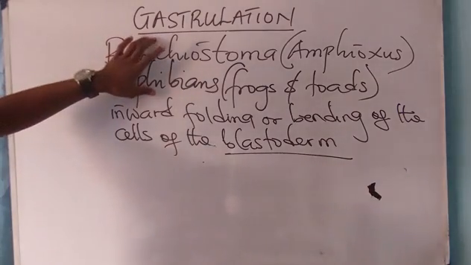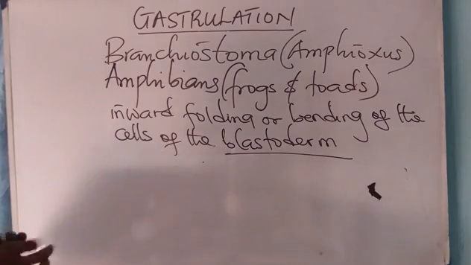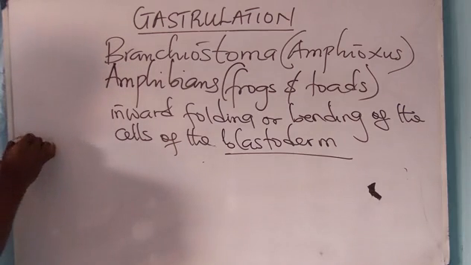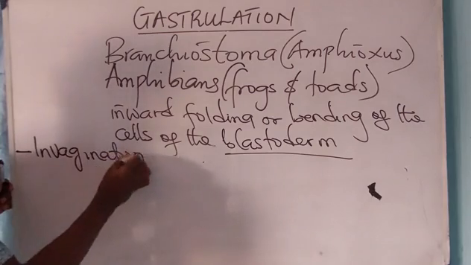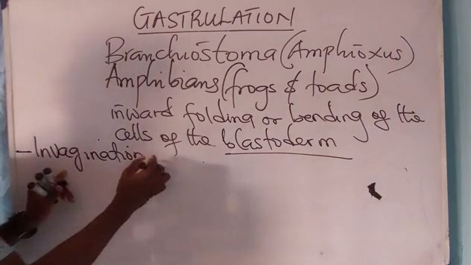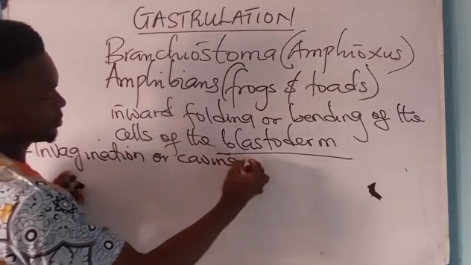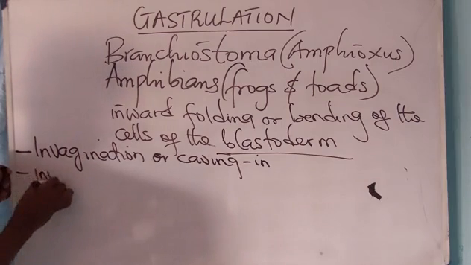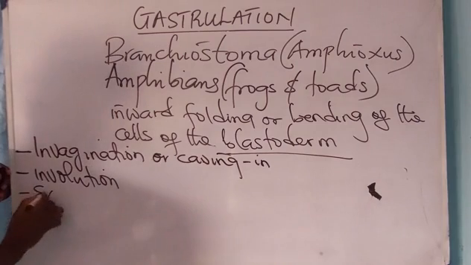Gastrulation in these two striking examples occurs in the presence of three processes, which are: one, invagination, which I also call caving; two, involution; and three, expansion.